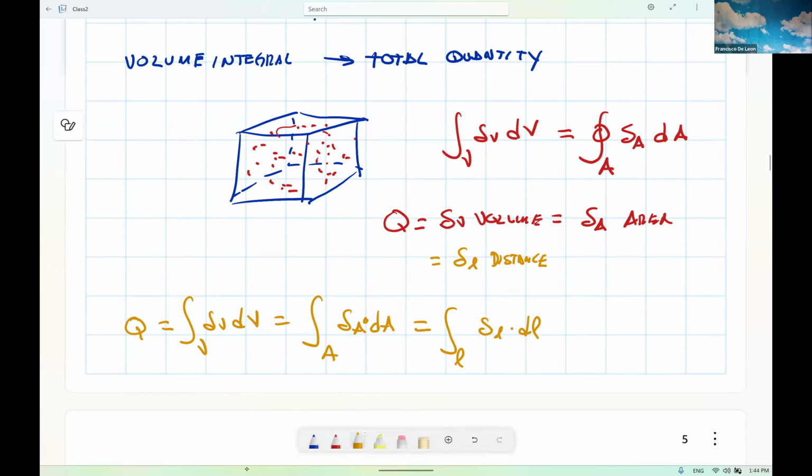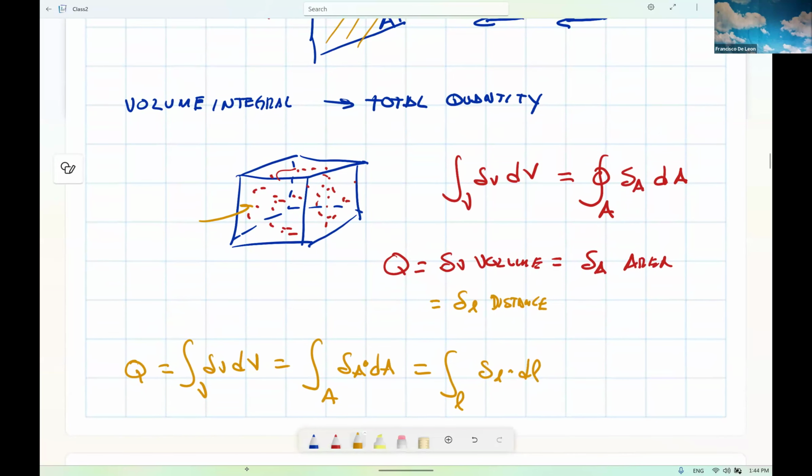These things need to have some direction. So I can measure the amount of charge if I am able to consider all the flux that came in there, all the charges that went in there from the beginning, assuming that it was discharged, then I have no problem doing this.